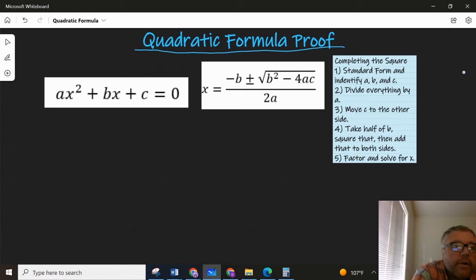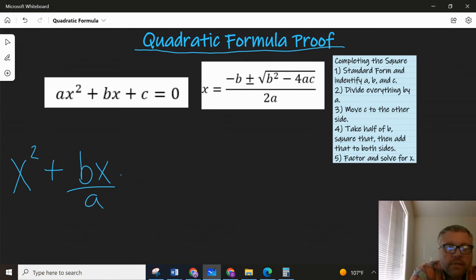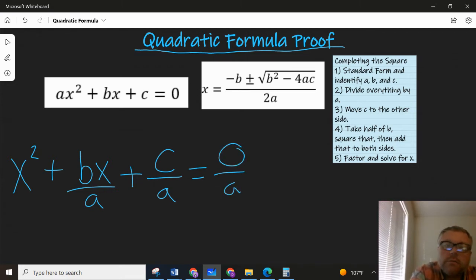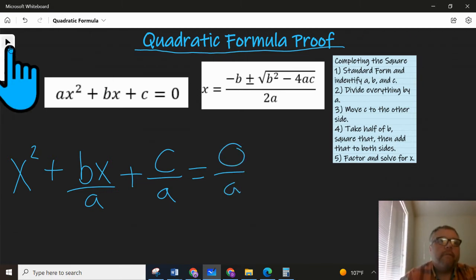The x squared gets divided by a, so the a's cancel each other out. The bx gets divided by a, and the c gets divided by a. Technically, even the 0 gets divided by a as well. Very cool.